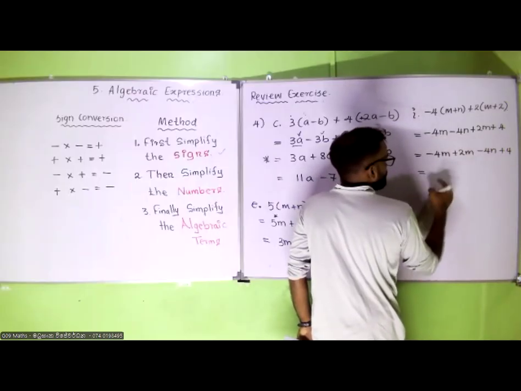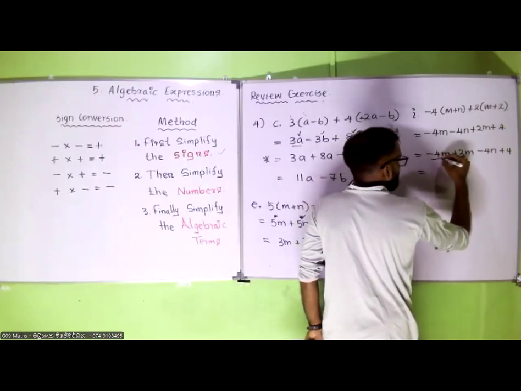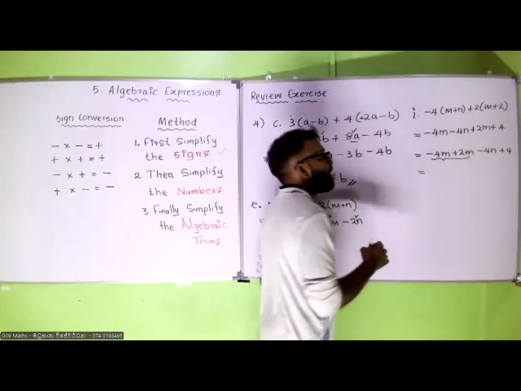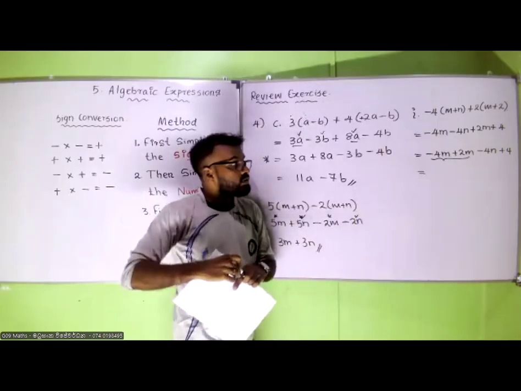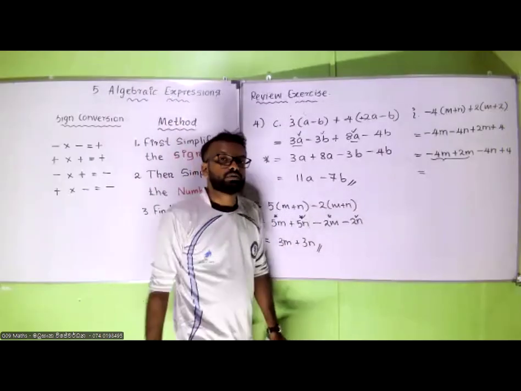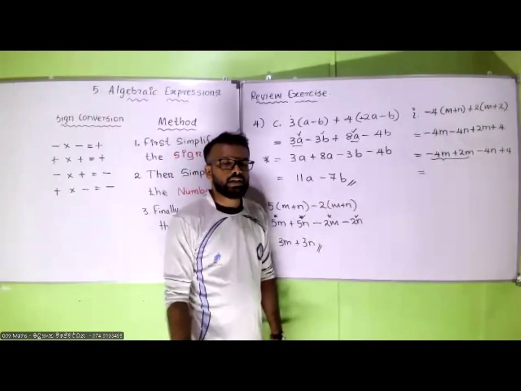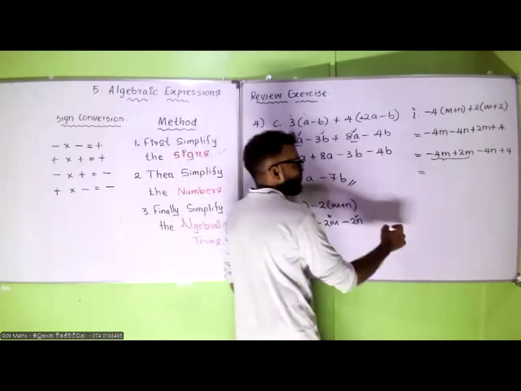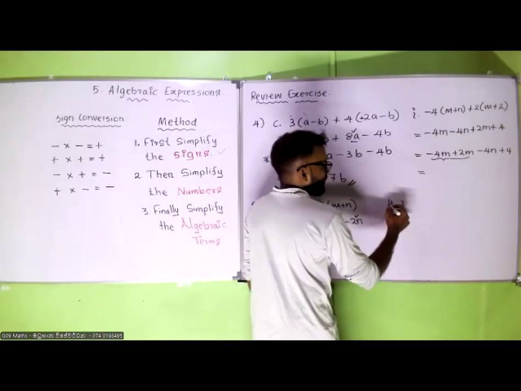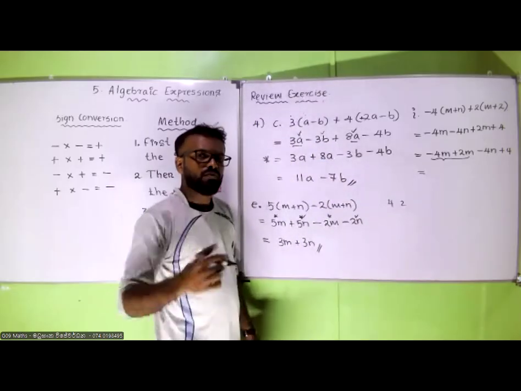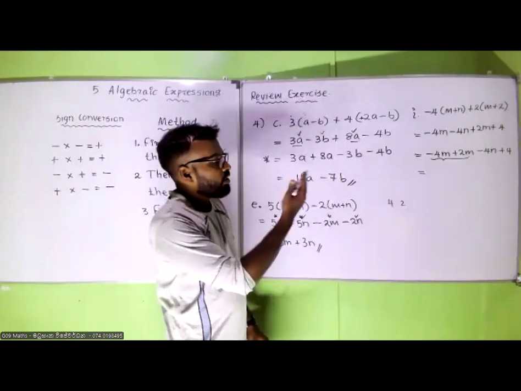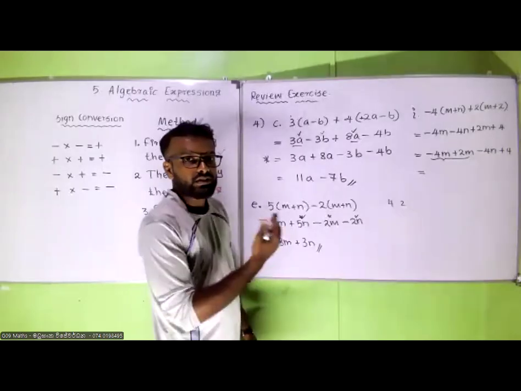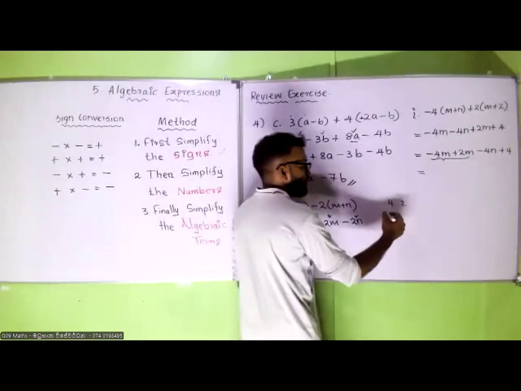Right? So, how are we going to simplify these two? Negative 4n and positive 2n. Different signs. Take the numbers out. What are the numbers? 4 and 2, right? Get the subtraction. Why are we subtracting? Because different signs. 4 minus 2 equals 2.